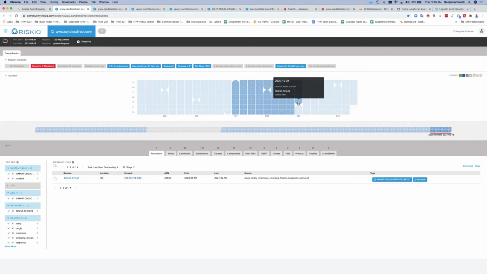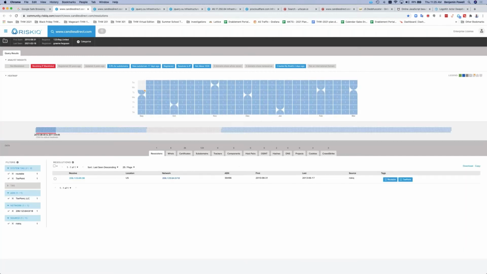So if there's 10 years worth of history and I only want to see the last month or the last week, I can do that. I can filter the results. And down here is all the data that we've collected over time. So I can actually go back to a long time ago and click, and that will refresh and grab that 6-month window of time and show it to me.